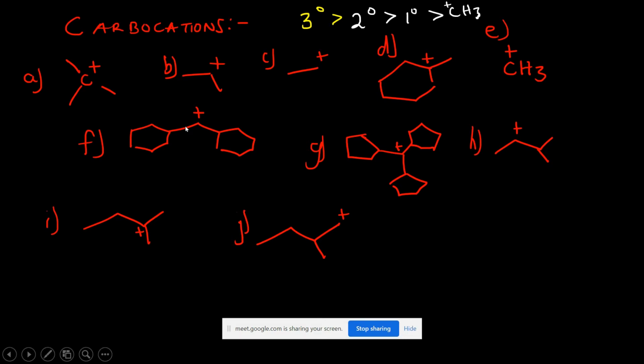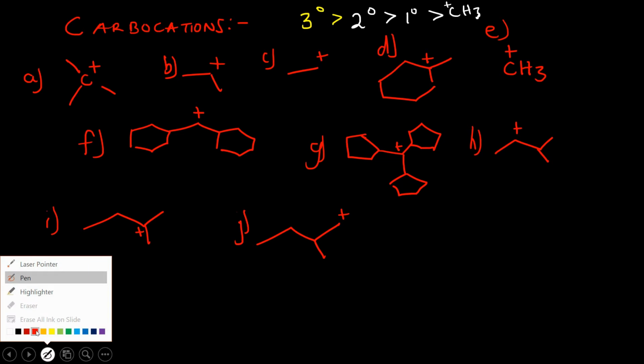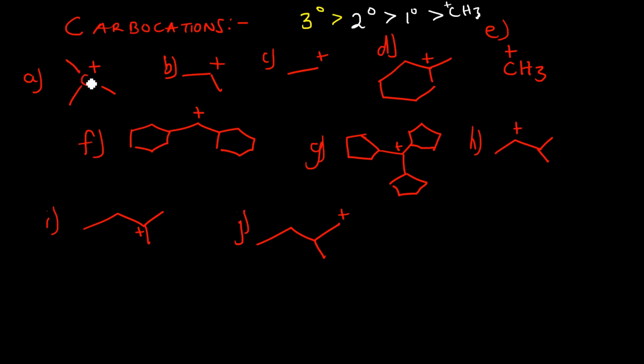Is it tertiary? The first one is tertiary, correct? Because I see the carbon bearing the plus charge is bonded to 3 other carbons. So this is tertiary. Second one, B. What's B?